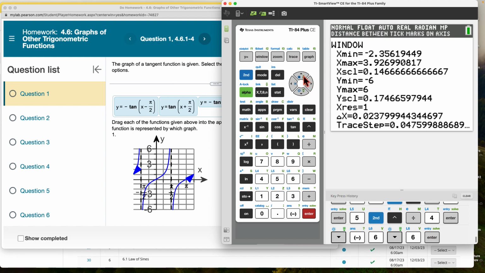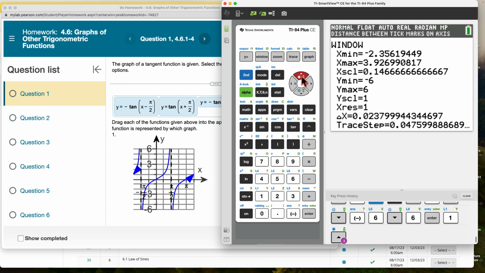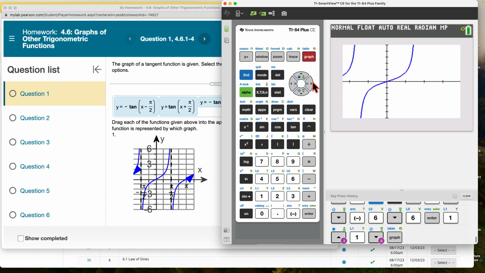I'm going to change them to 1 and see what happens. I think it makes it a little easier. And then I'm going to graph it. It's not too busy. So that's what it's looking like for a standard one.